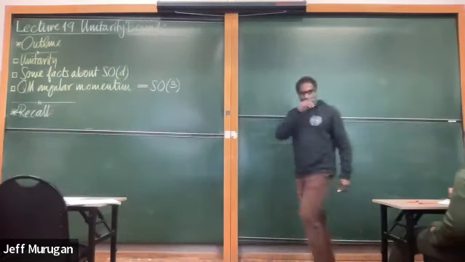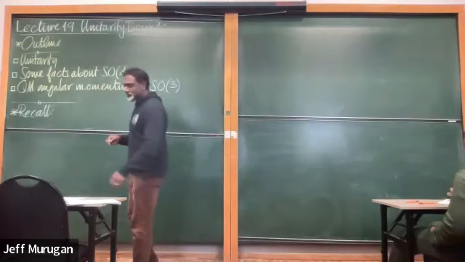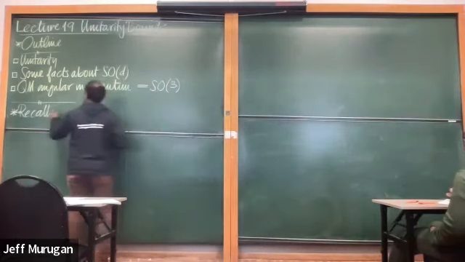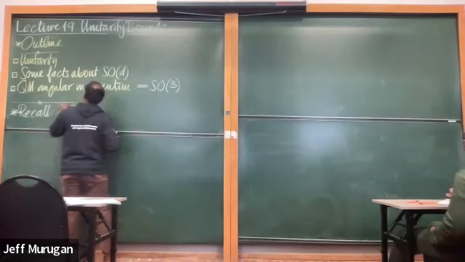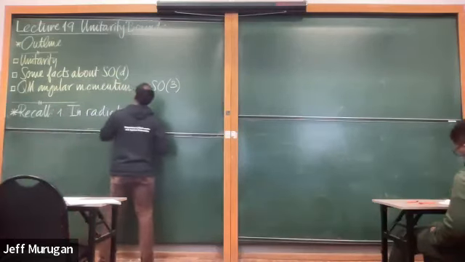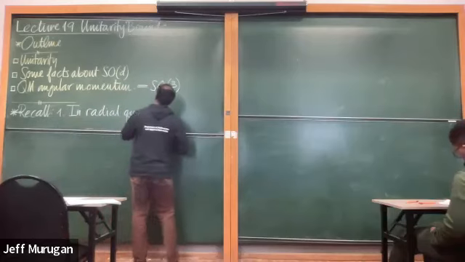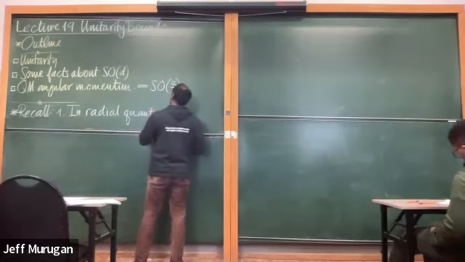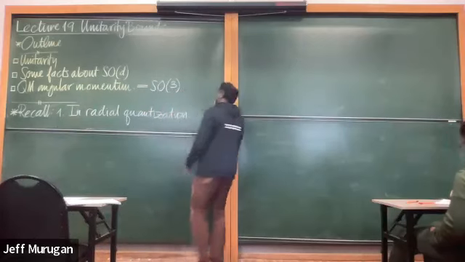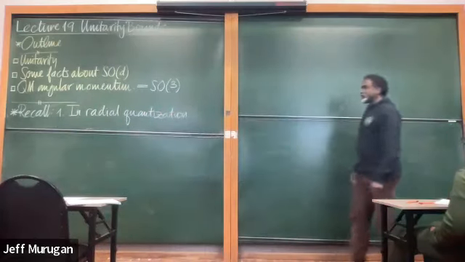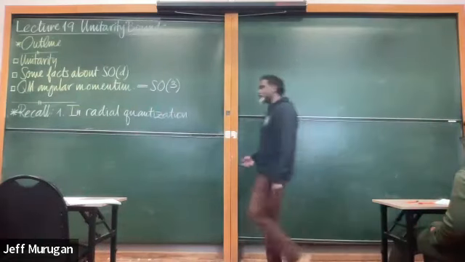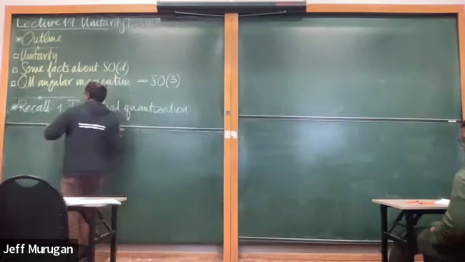So follow me on this, and please do ask questions if some of the logic is not there. So the first point to note is that in radial quantization, I spent a little bit of time making a fuss about how we conjugate things in radial quantization. Well, here's where that conjugation comes into play.